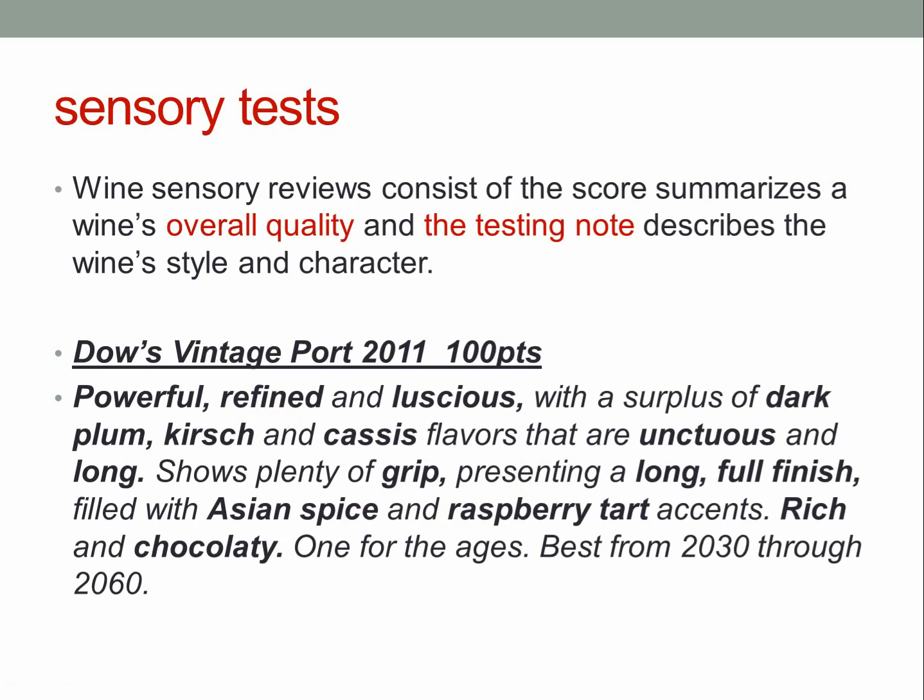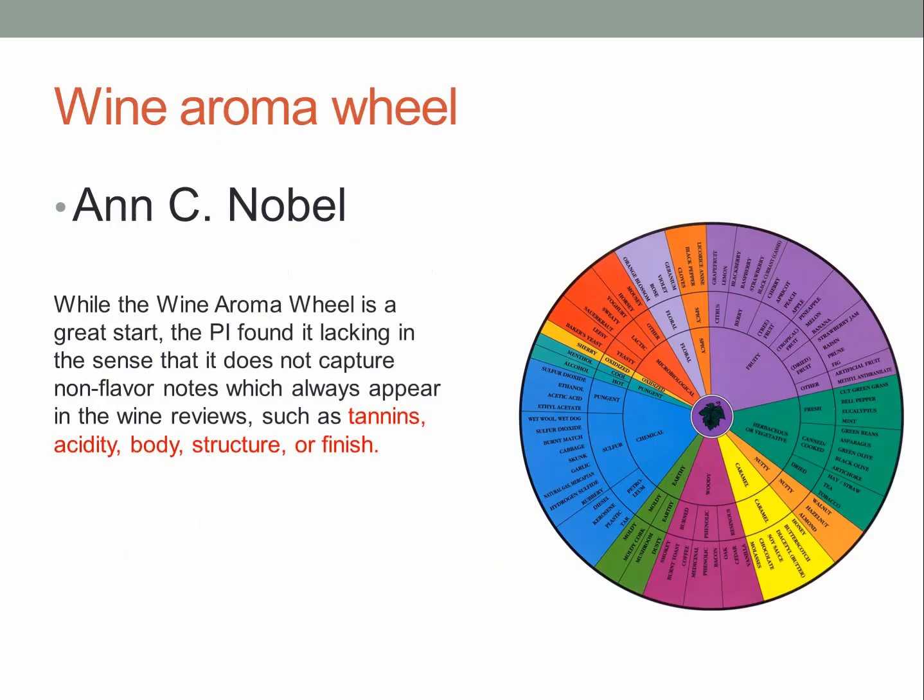Remember, in the current database of Wine Spectator, there are more than 385,000 wines. It's impossible for a human to go through that database and pick up the attributes one by one. Therefore, we developed something called the computational wine wheel, based on the concept of Ann Noble's wine aroma wheel.